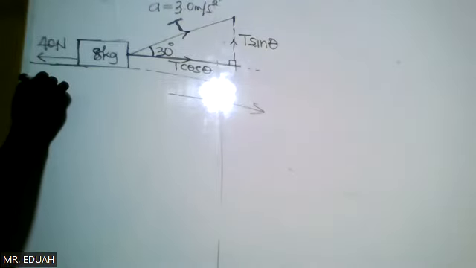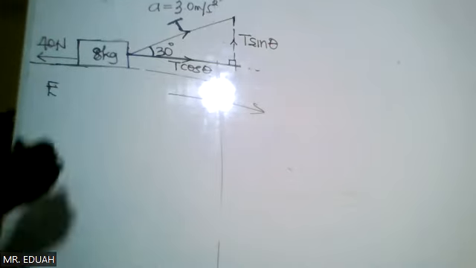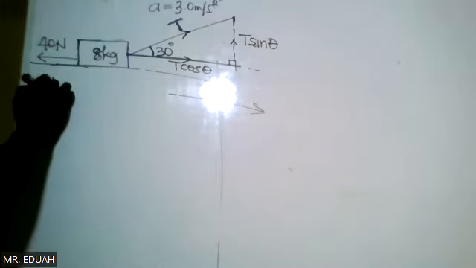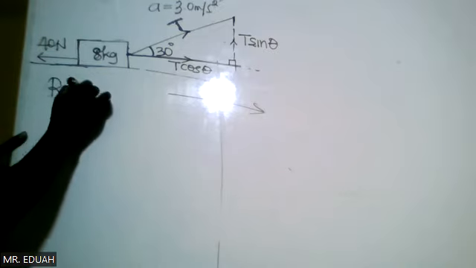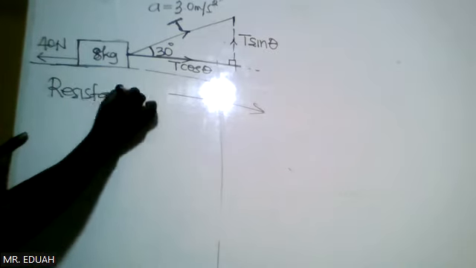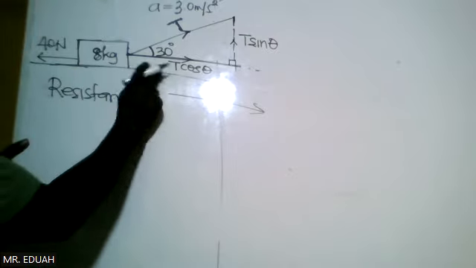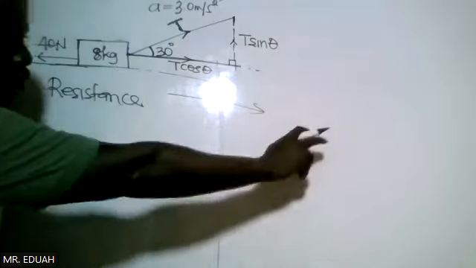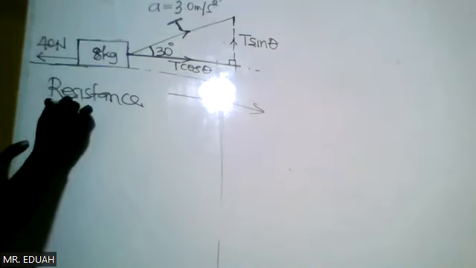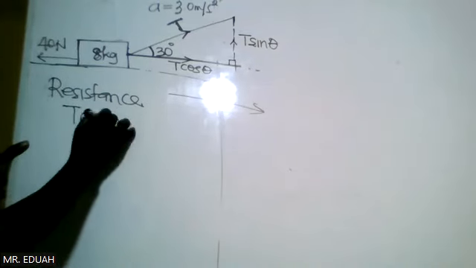Now the effective force, if this resistive force is not there, would be simply T cos theta.